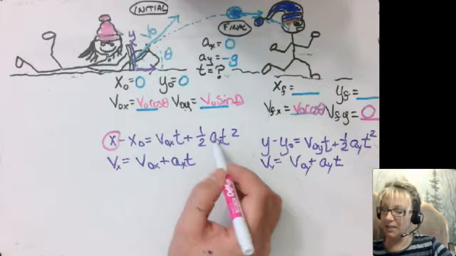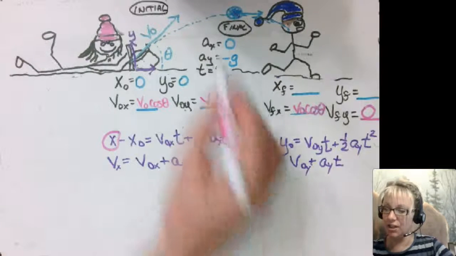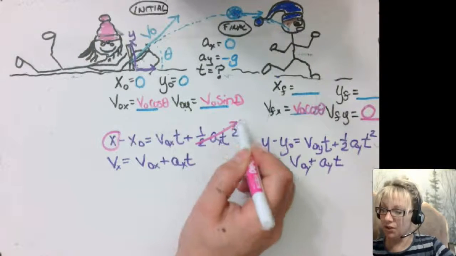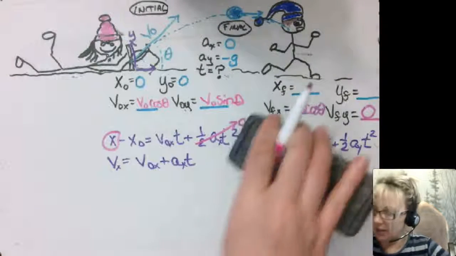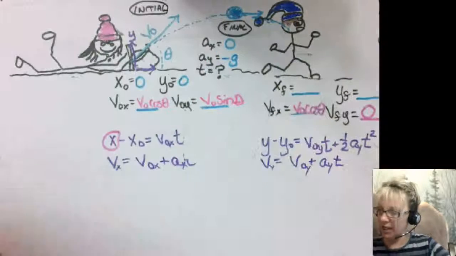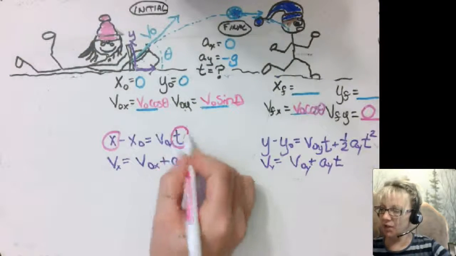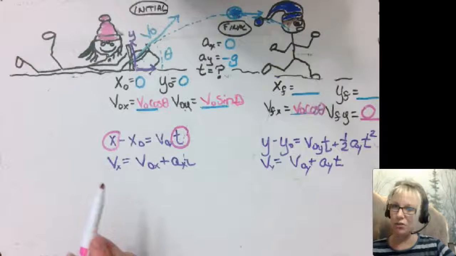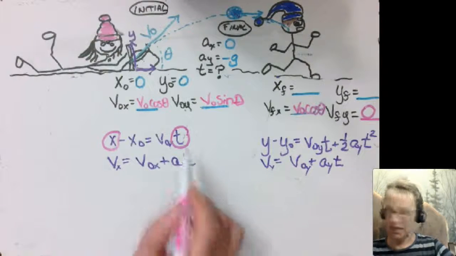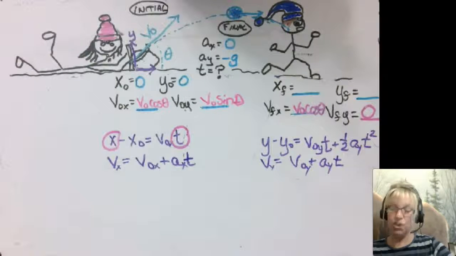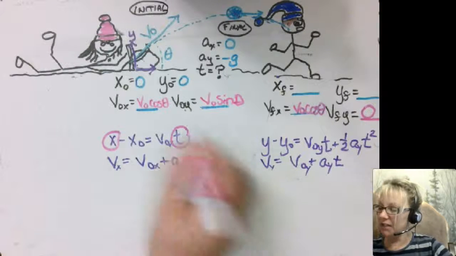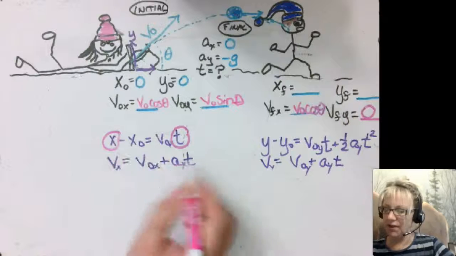Acceleration in the x direction is 0, so this whole term is just going to cancel right out, and time is what I'm solving for. 2 unknowns. Let me keep that in mind. If I have 2 unknowns, I need 2 equations, but in this case we'll see how that plays out.